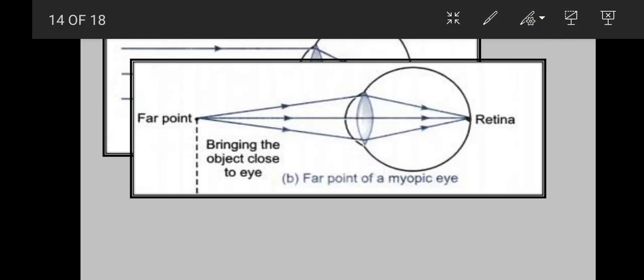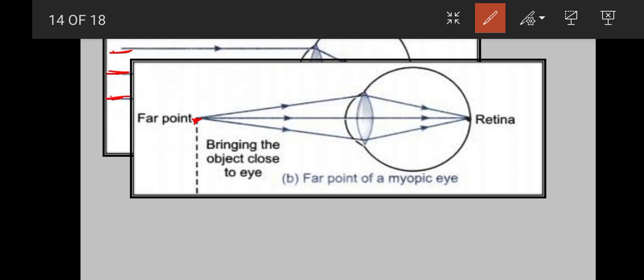Now you can see in the first diagram the far point is infinity. Now the far point becomes less for the myopic eye. What is happening here?